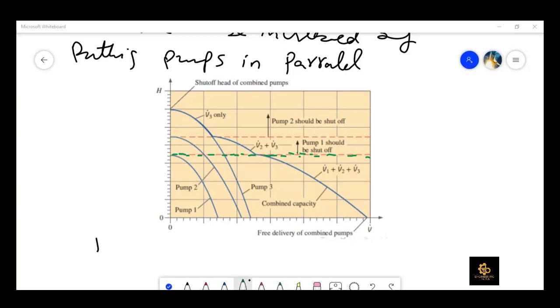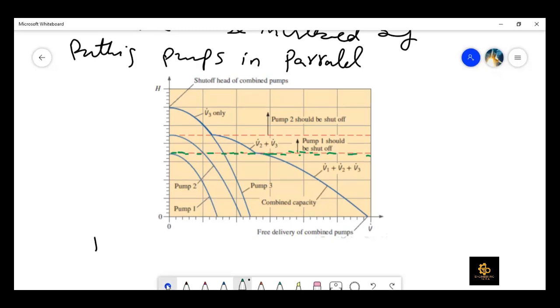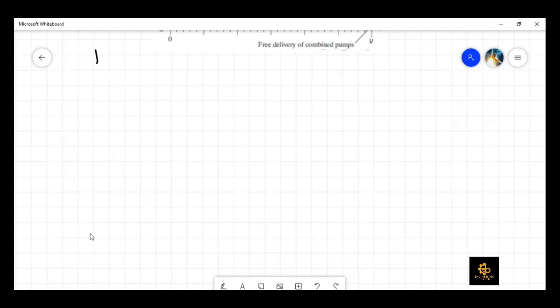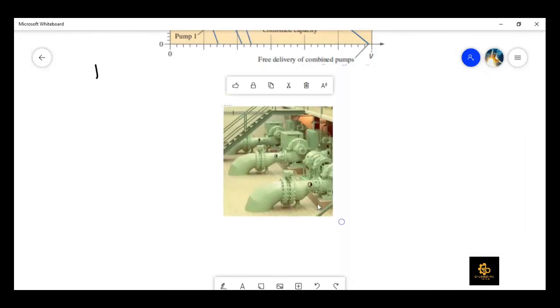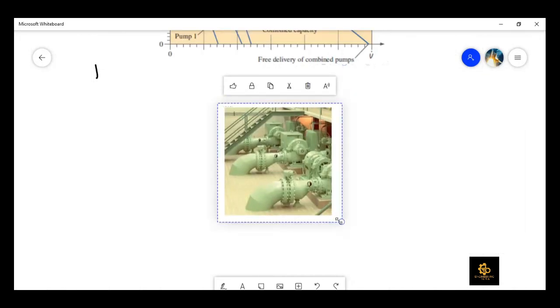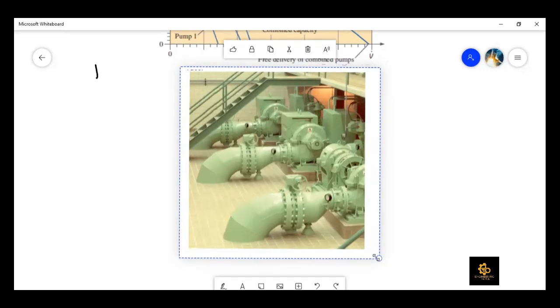Usually we put the same capacity pumps in parallel.